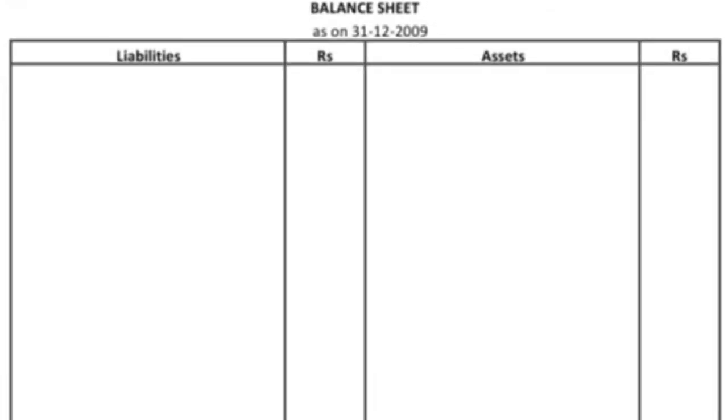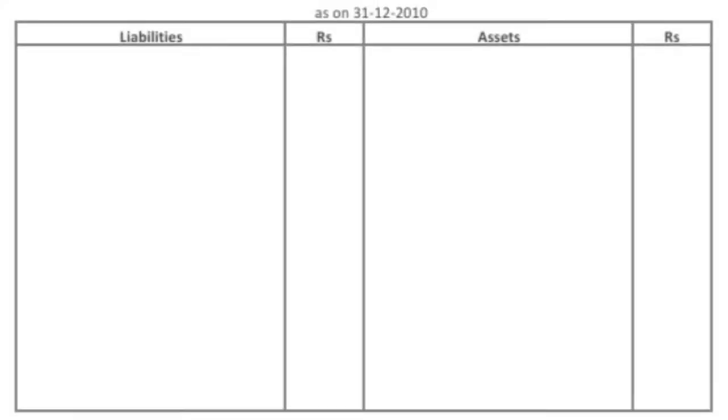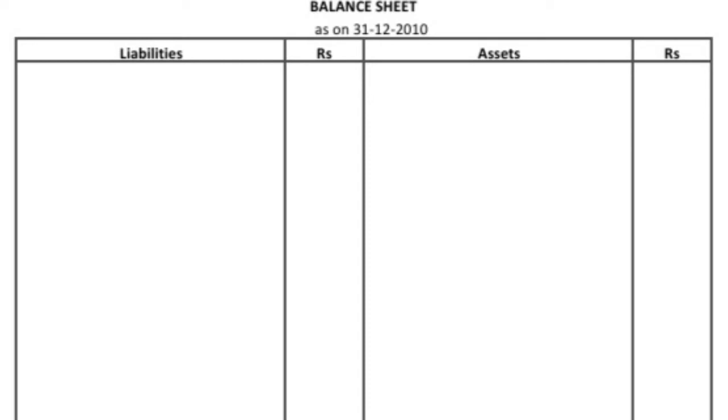This is the previous year balance sheet as on 31st December 2009. Here we can enter cash rupees 3,000 and bank rupees 5,000. This is the current year balance sheet as on 31st December 2010.